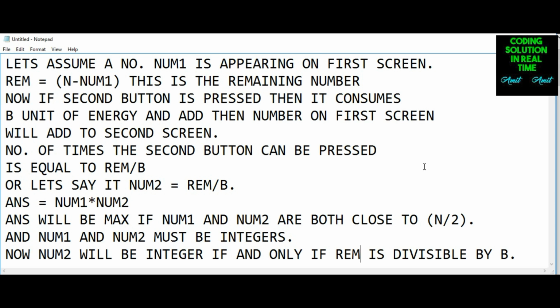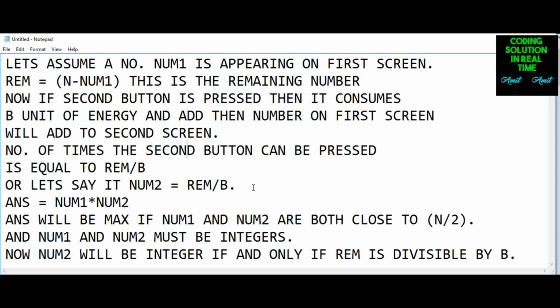Now if the second button is pressed, then it consumes B units of energy, and the number which is appearing on the first screen will be added to the second screen. The number of times the second button can be pressed is equal to the remaining energy divided by B. Let's assign it as num2. So my num2 is equal to the remaining energy divided by B.